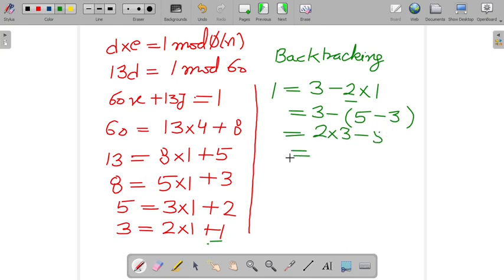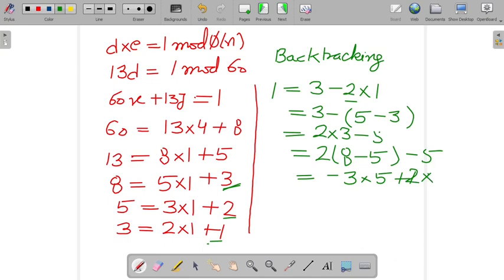Now how can you write down the 3? 3 is 8 minus 5, so this becomes minus 3 into 5 plus 2 into 8.